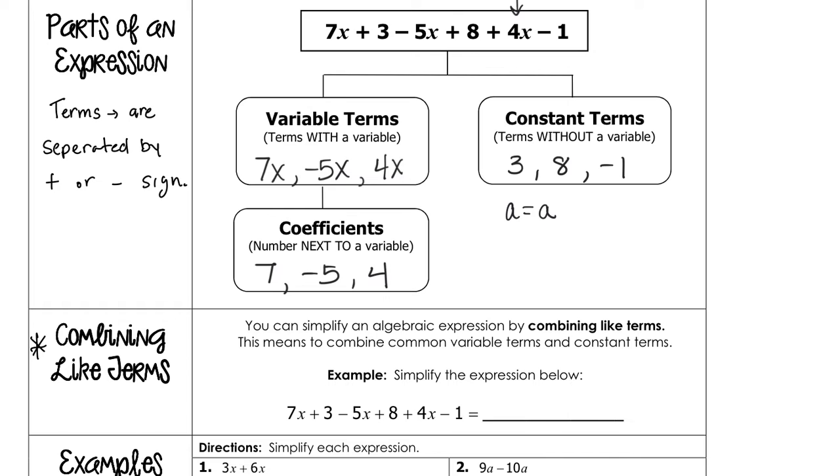With that being said, let's talk about this idea of combining like terms, and then we're going to come up with an answer. There's a couple of things we need to talk about first, this idea I was just mentioning called the reflexive property.